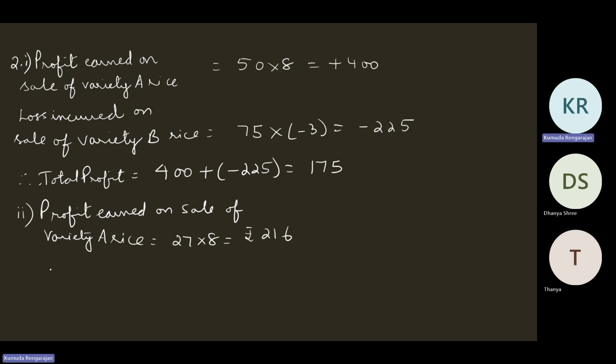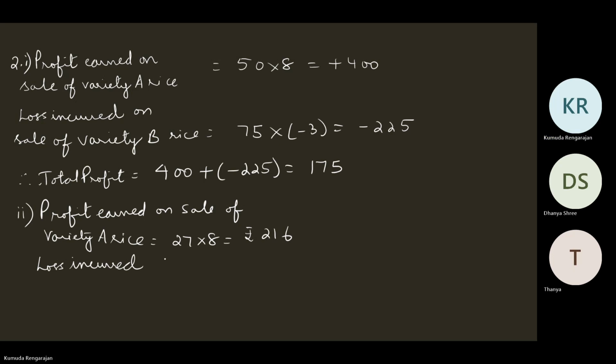Correct. Then loss on sale of variety B. We have to find the kg, ma'am. So 24 is the total loss, and loss per kg is 3. So 24 divided by 3, which is 8.